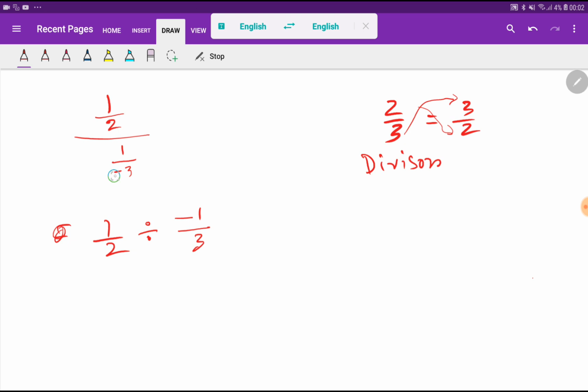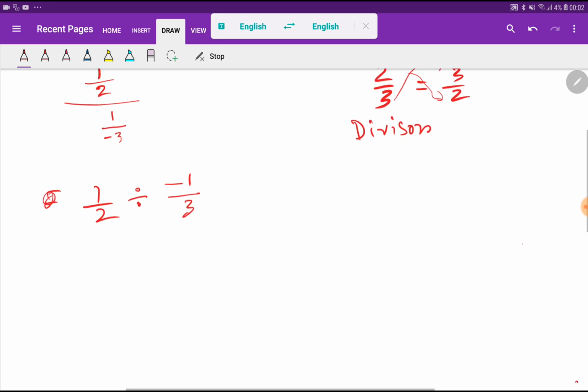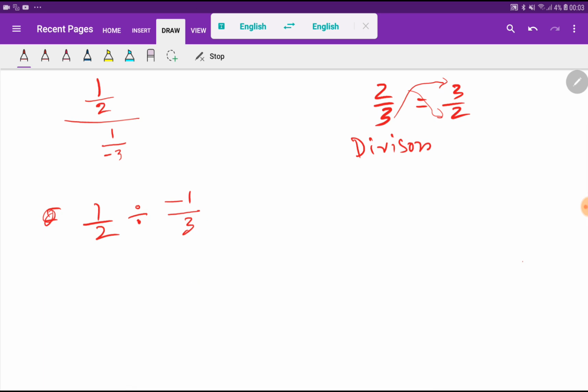You can write this minus at any place. However, I am writing it at the numerator. So how to divide this? Okay, so here the divisor is 1 by 3. So the reciprocal of this fraction is 3 over 1. You can put a minus here or here, right?